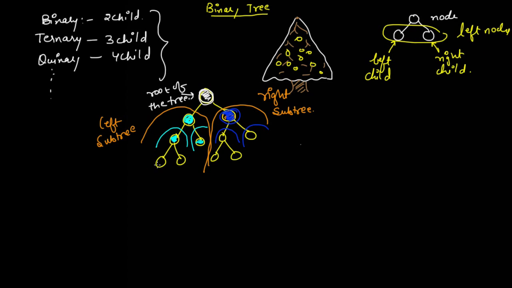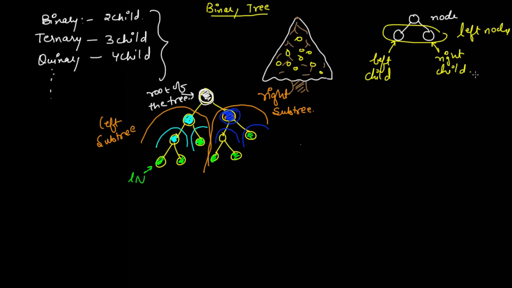All the nodes which have a left child, a right child, or both are called internal nodes.